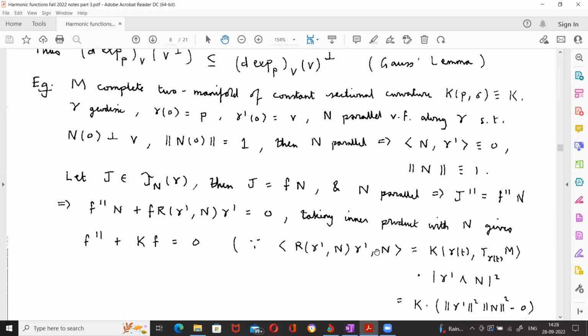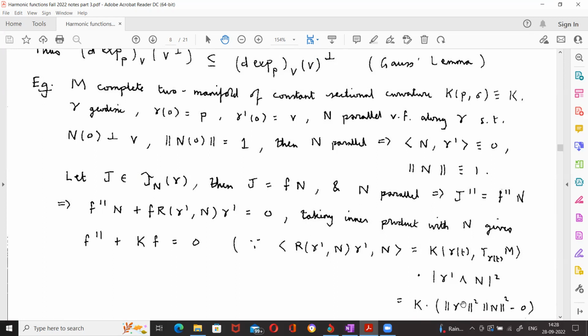By definition, this is the sectional curvature at the point gamma t of the tangent space, times the norm of gamma prime wedge N squared. The sectional curvature is constant equal to K. So this becomes K times norm gamma prime squared times norm N squared minus inner product gamma prime N squared.